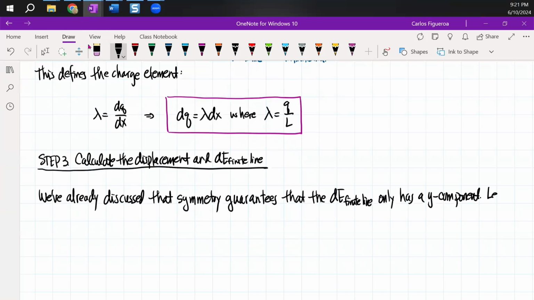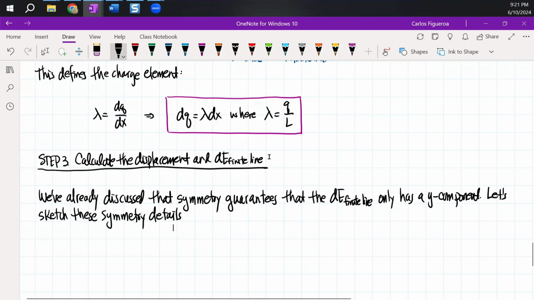So let's sketch these symmetry details. Here's what I'm imagining.